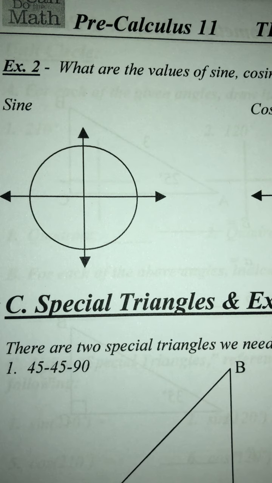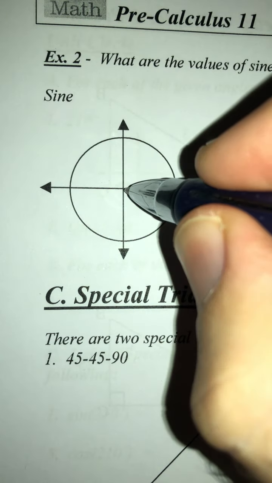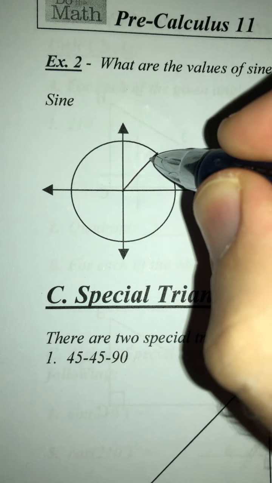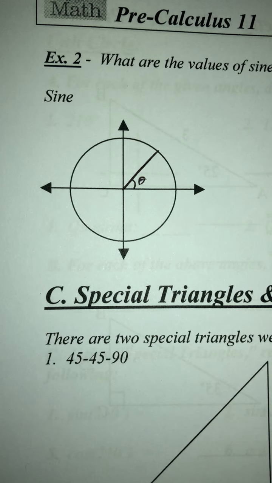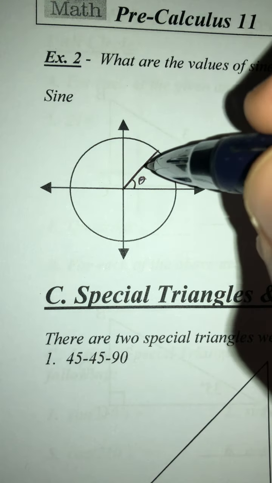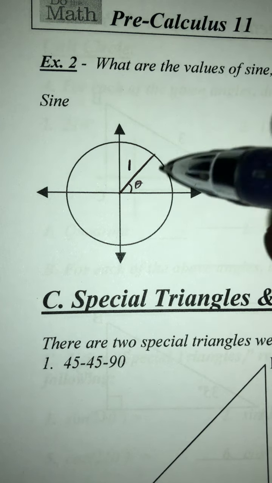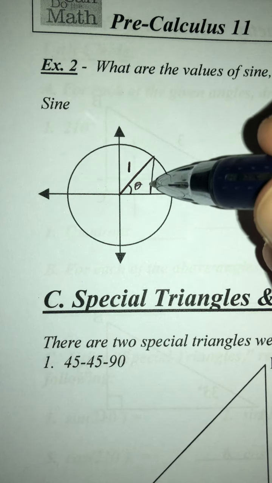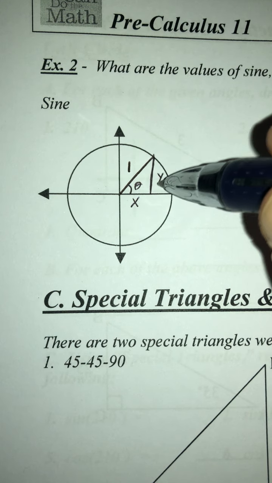But what I will show you, and that's something that is good to know, I'll just show it here with one of these. If I'm looking at some angle here, theta, again, this is just going to be a teaser for next year. On a unit circle, the radius is 1. And notice here I can make a nice triangle where this is going to be my x value, this is going to be my y value.